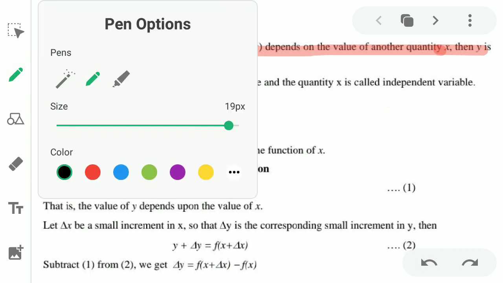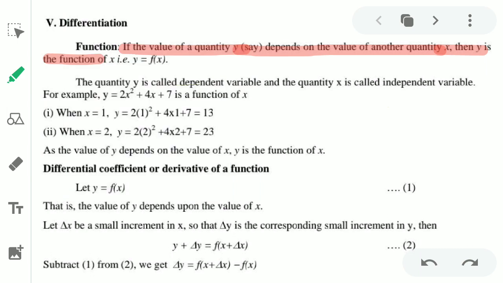The quantity y is called the dependent variable and the quantity x is called the independent variable. For example, if we say that y is equal to 2x² plus 4x plus 7, it is a function of x. It means y depends upon x.